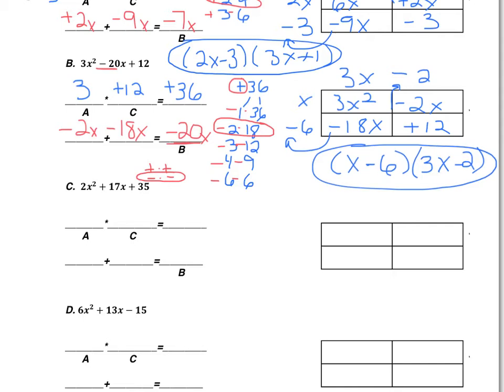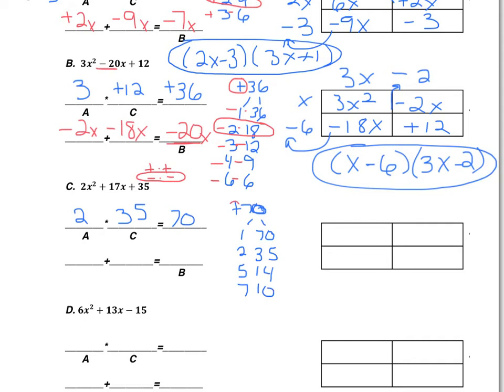Letter C, our A term is 2, and our C term is 35. So 2 times 35 is 70, so we have a positive 70. So that's 1 times 70, 2 times 35, 5 times 14, 7 times 10, and then we'll look at the sign.